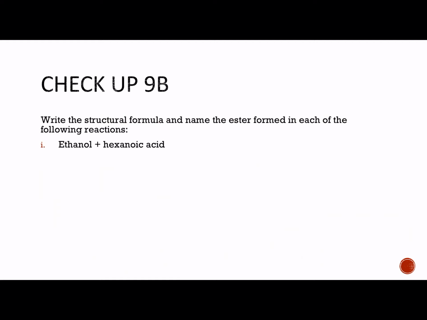I'll ask you, name this ester. This time, you go ahead and name the ester. I'm going to go ahead and write the structural formula just so you have it, and then we'll see if you're right.